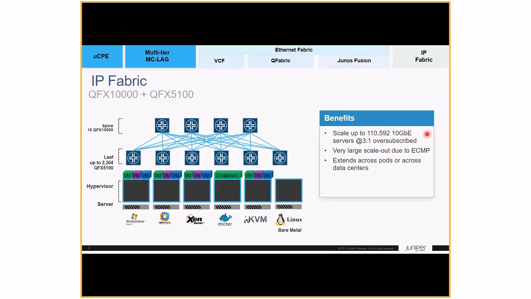We still look at a 3-to-1 oversubscription, but you can see we scale up to over 110,000 10 gig ports in fabrics like this. And we see data centers that are getting that huge, that are in production today and obviously just growing.